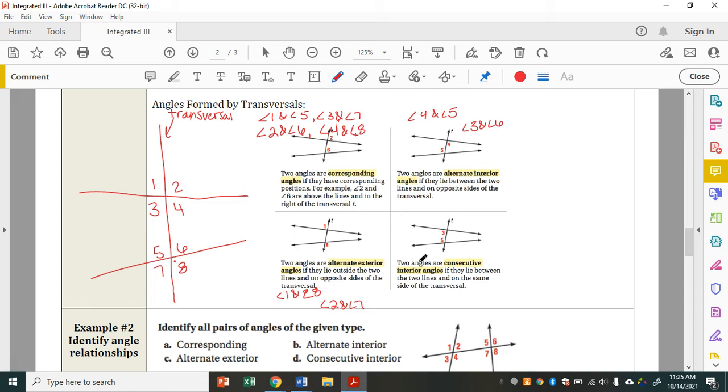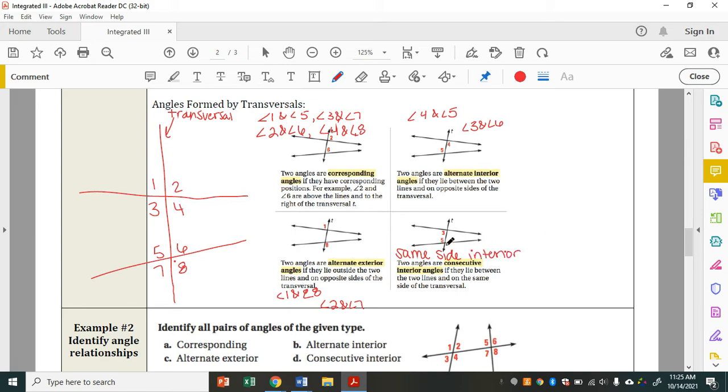And the last one we see are consecutive interior angles. If we think of it outside of geometry class, consecutive means one after the other, like the same side or something. So consecutive interior angles, you will sometimes see written as same side interior angles.